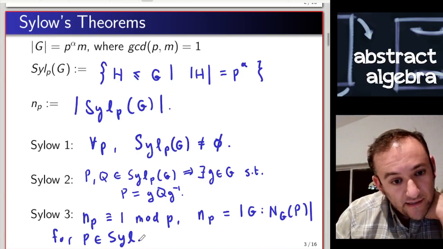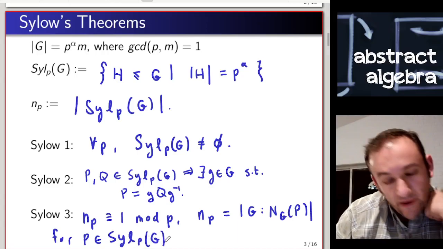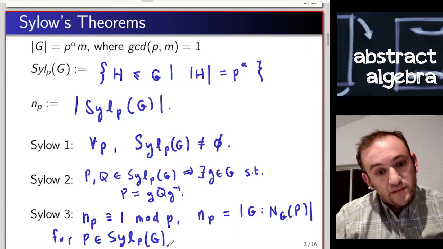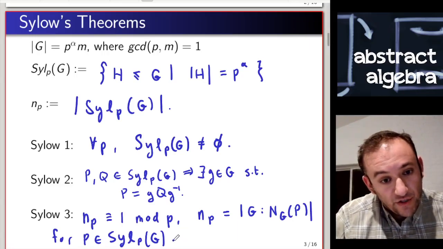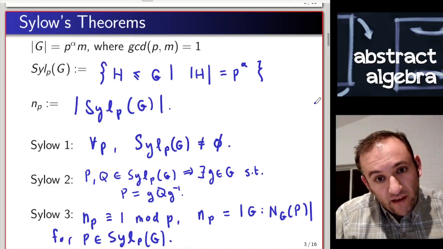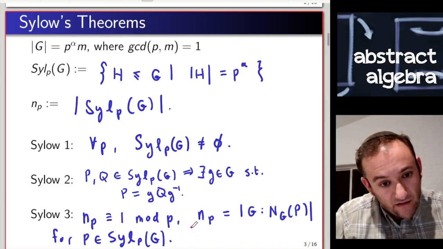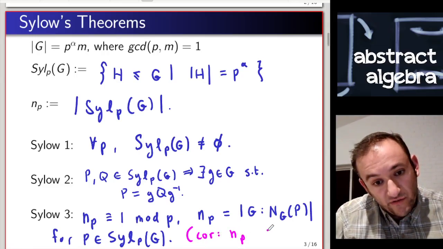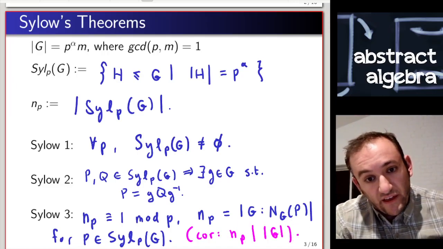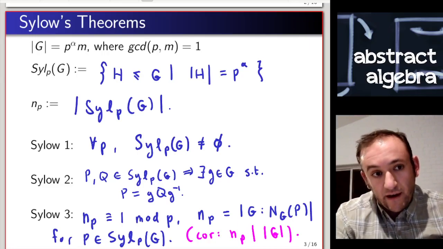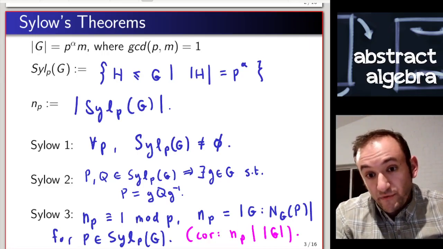It doesn't matter which one, just any one of them, take its normalizer, and NP will be the index of that subgroup in G. As a corollary of that, NP is going to divide the order of the group.